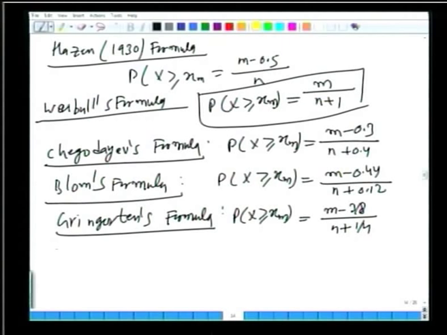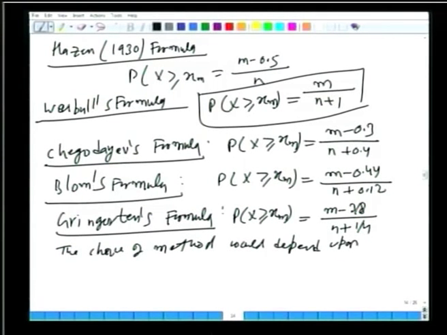So, the choice of method would depend upon two things. First one is unbiasedness, which means that some of these equations will be biased towards either the higher magnitude flow or the lower magnitude flow and so on.